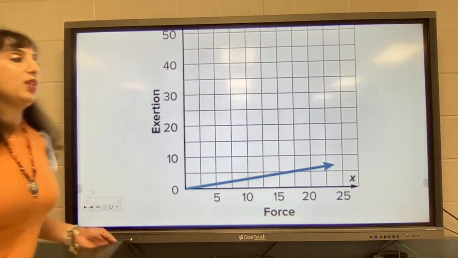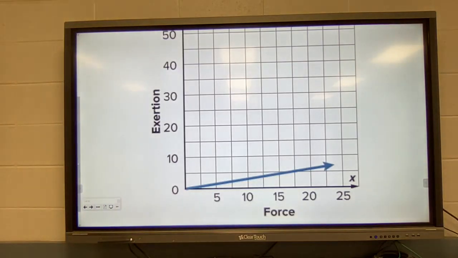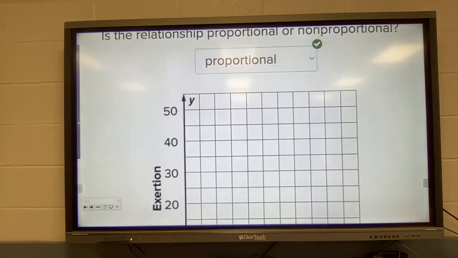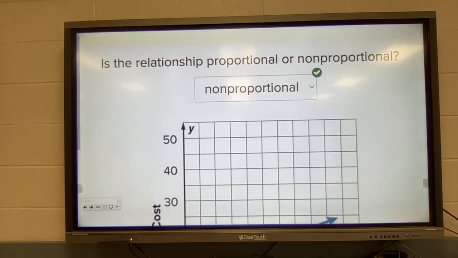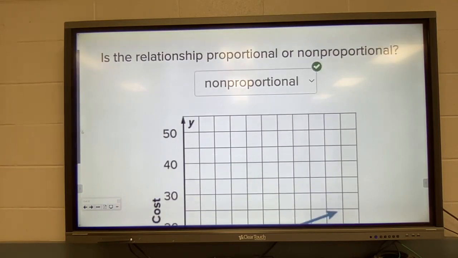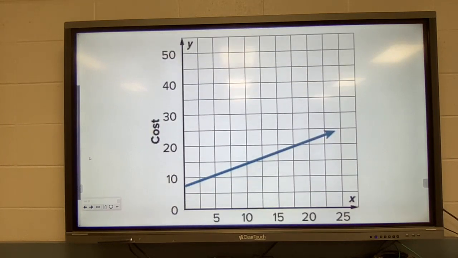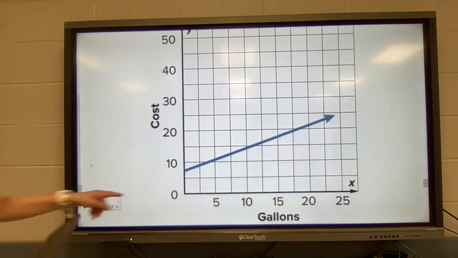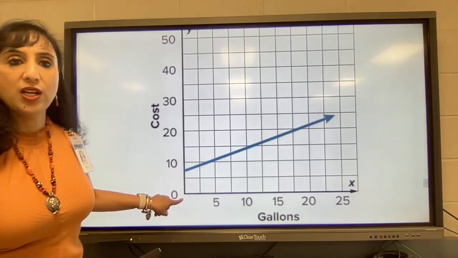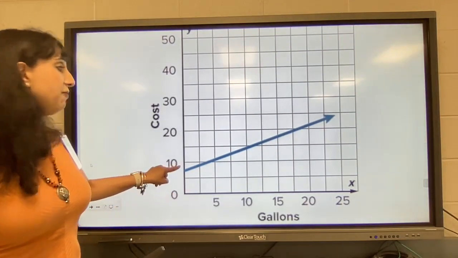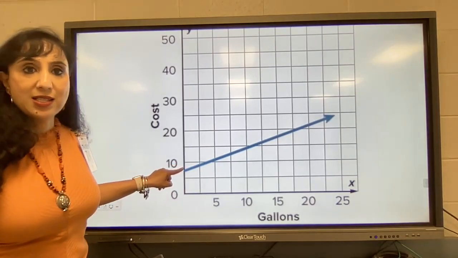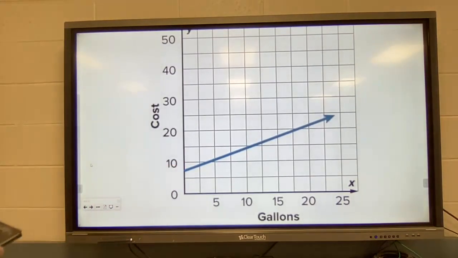So this is a proportional relationship over here. And then let's look at this one. Same thing. It is not starting at the origin where the ordered pair should be 0, 0. It is starting above that. And that's what makes this non-proportional.